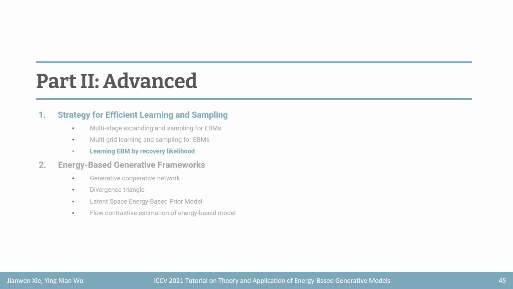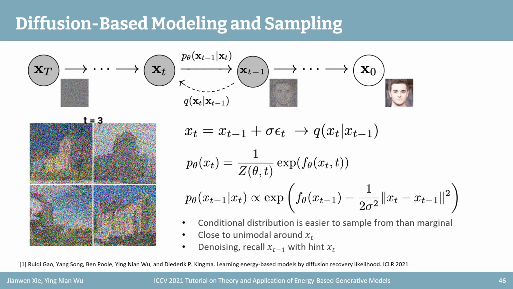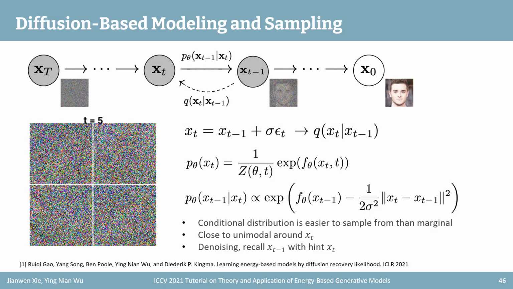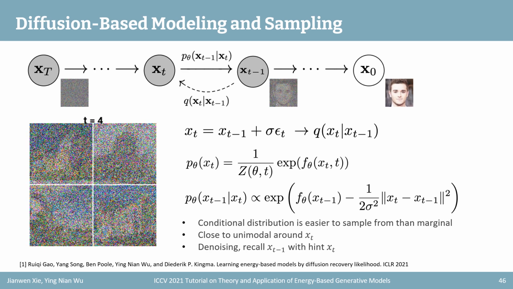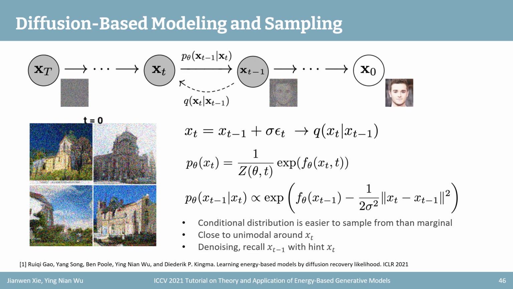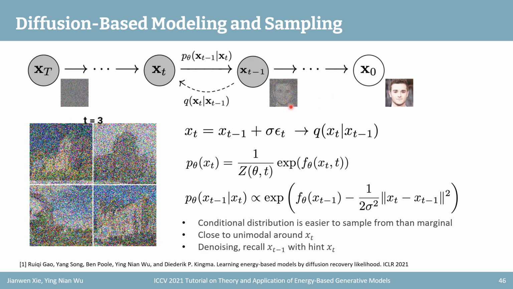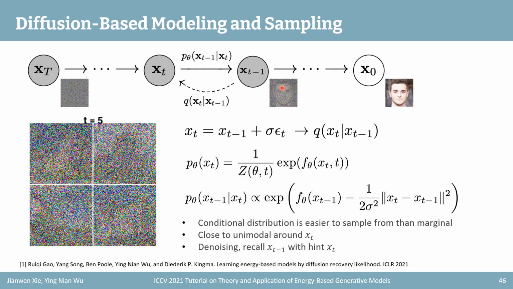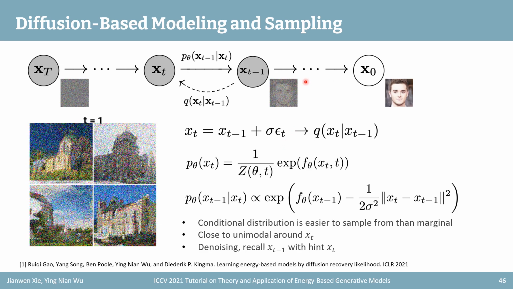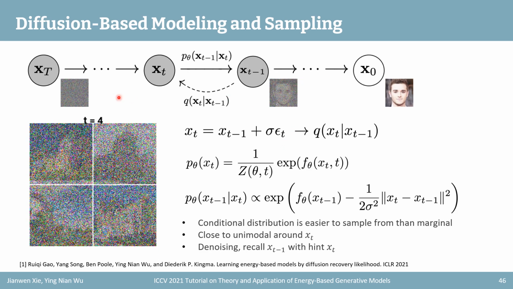We now introduce the third method. The third method is a diffusion-based modeling and sampling method. It is actually similar to the previous two methods, except that instead of creating images at multiple resolutions or multiple grids, we keep adding Gaussian noise to the image in a diffusion process.